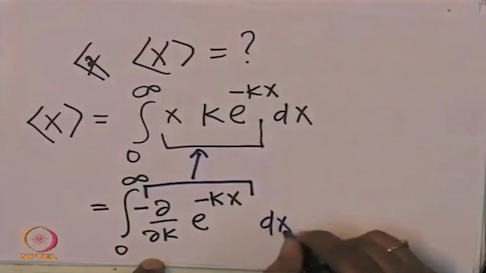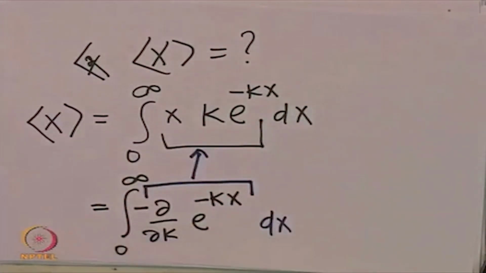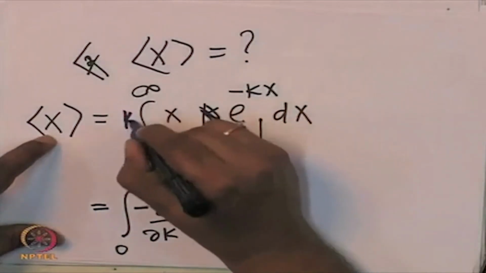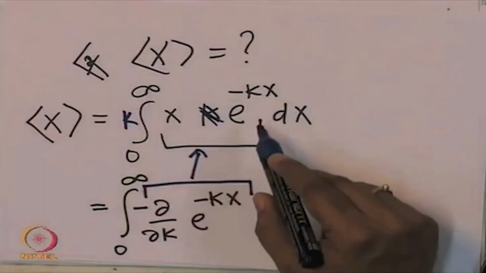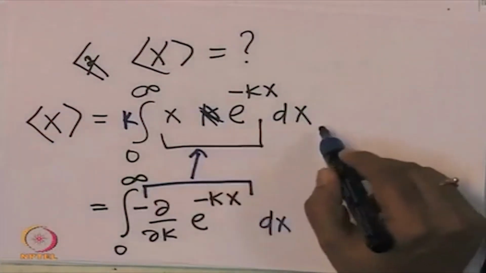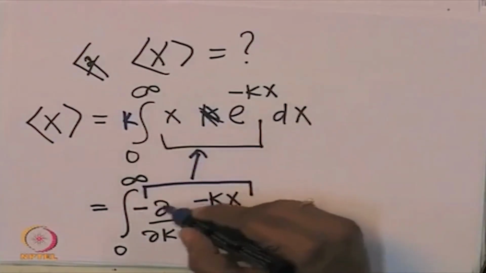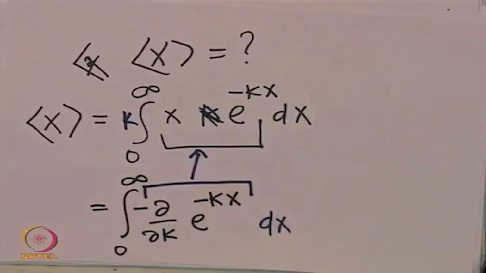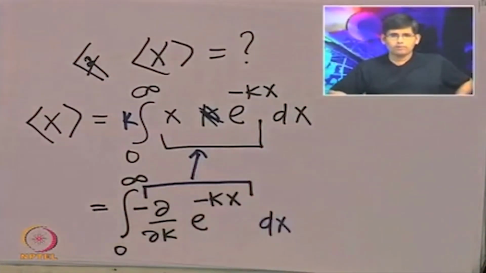Since the integral is over x, I can take this k out. So, the quantity x e power minus k x is nothing but minus del by del k of e power minus k x. You can convince yourself that this is true.